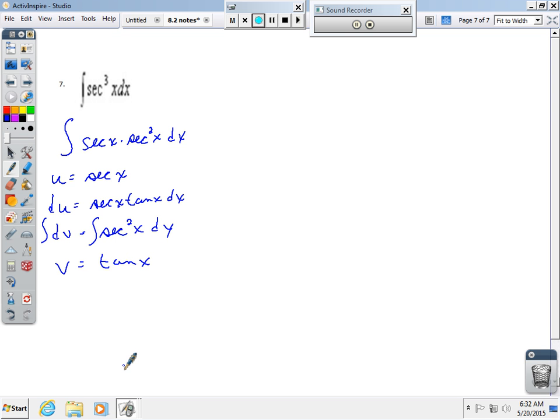All right, so now I'm going to rewrite what the original problem was, and you'll see in a second why I'm doing that. So it's going to be u times v. So secant x tangent x minus the integral of v, which again is another tangent x, and then times du, which is secant x tangent x dx.